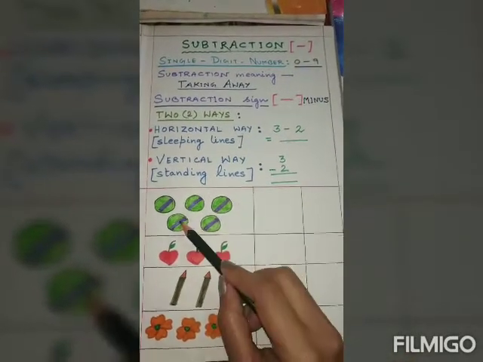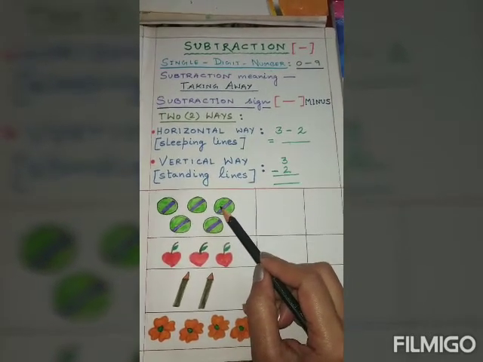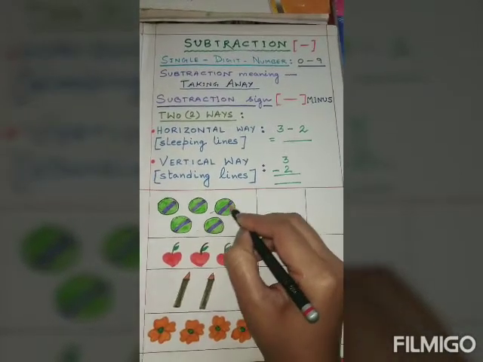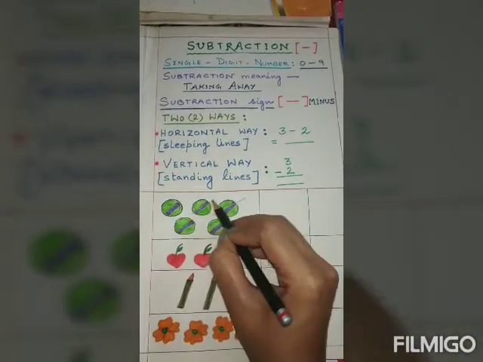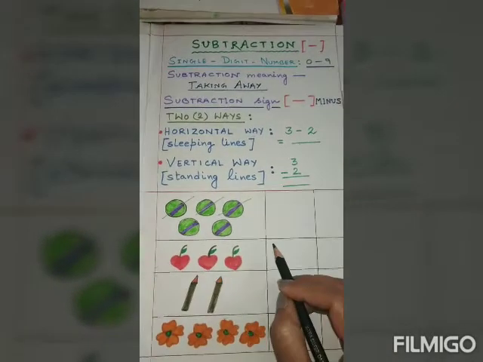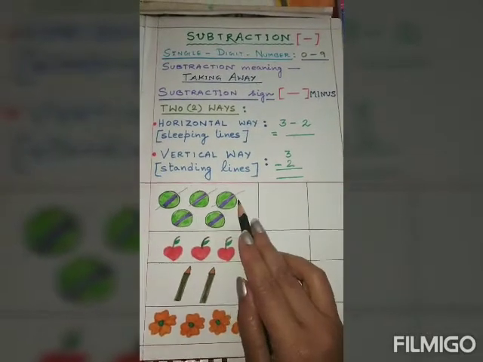Now we take away 3 balls. 1, 2 and 3. We have taken away 3 balls.